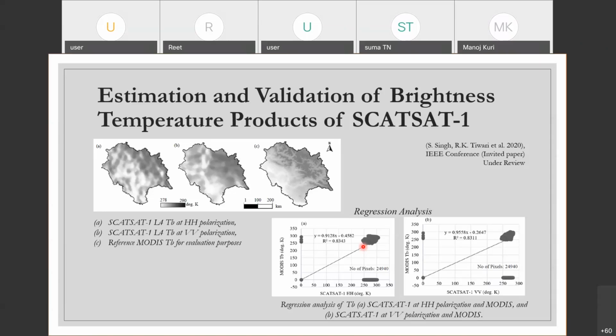So when we average the brightness temperature, one SCATSAT pixel covers four MODIS pixels, so there is a slight averaging out of the brightness temperature, and the accuracy may reduce because of this reason also.